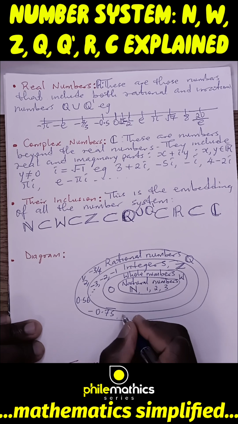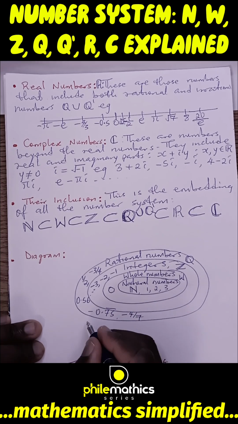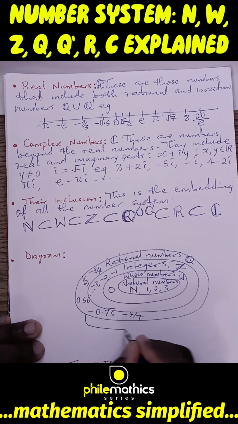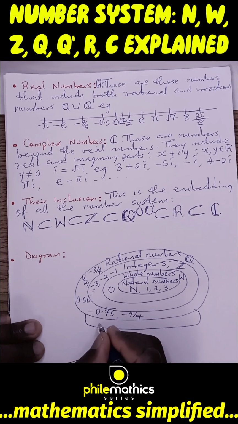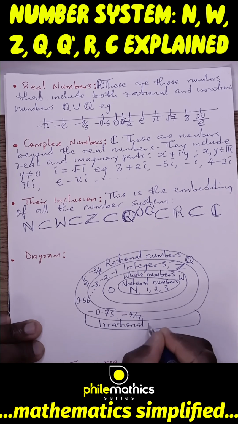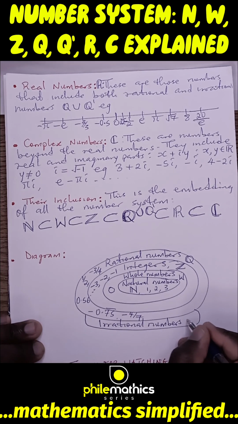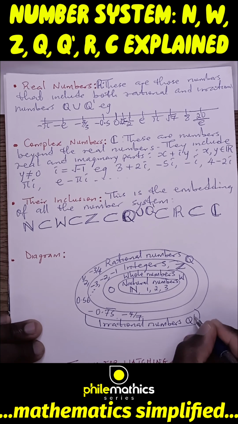So these are the rational numbers, minus 4 over 7. The next will be the irrational numbers. Let us include it here. Irrational numbers. And the symbol is Q complement.